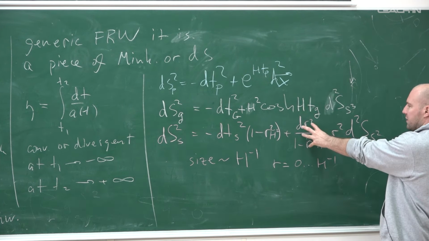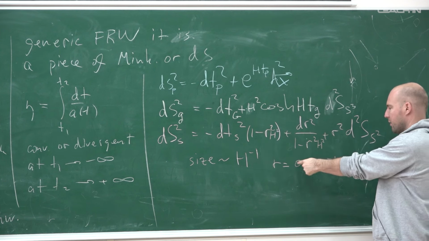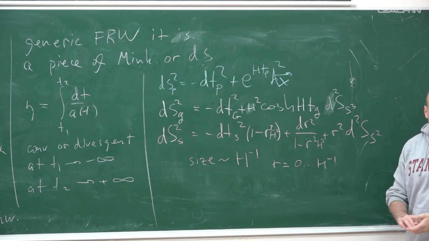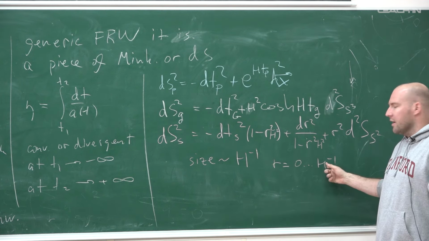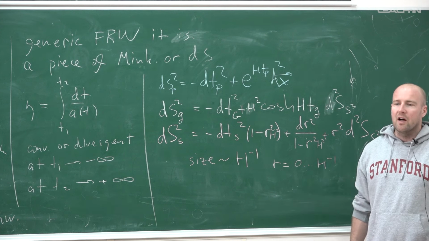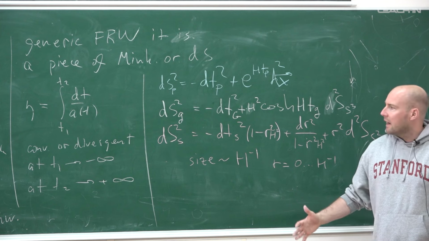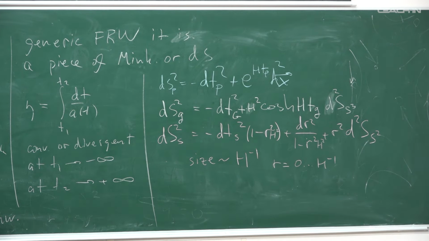As you see, this metric becomes singular when r approaches h minus 1. So it's the portion of the universe of the size of the inverse Hubble scale, the inverse curvature scale, that is accessible to a single observer.